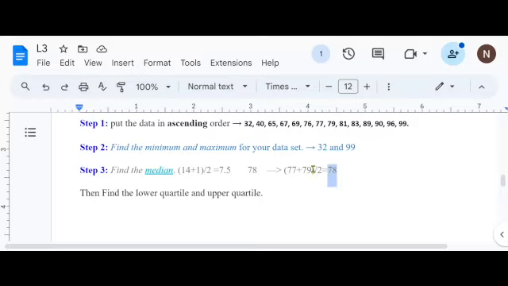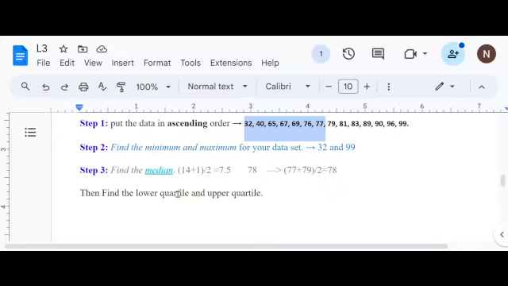Now we need to find the first quartile. How can I find the first quartile, or the lower quartile?